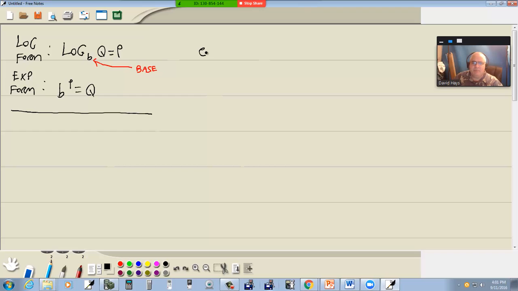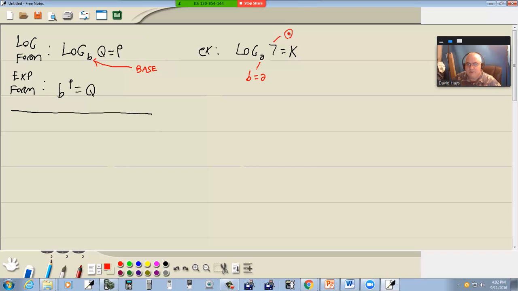Now if I look at some examples here, say I got log base 2 of 7 is equal to x. And the question was to write that into exponential form. Well, it's in log form. Now what the b represents is it's a number that's smaller that's set down that follows your log. So this 2 here will be our b. And then whatever follows that is our q.